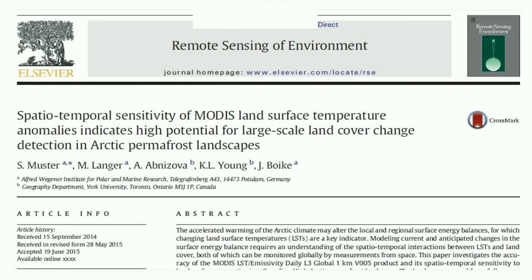In the first line of the abstract, the accelerated warming of the Arctic climate may alter the local and regional surface energy balances, for which land surface temperature is changing. They have used different years of land surface temperature from the MODIS product. This article is also very important and very reputed.